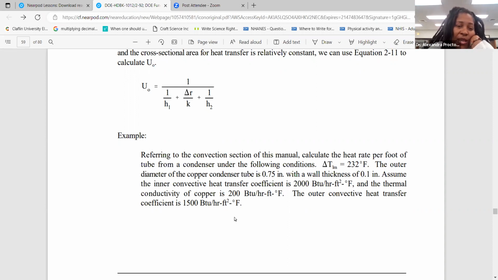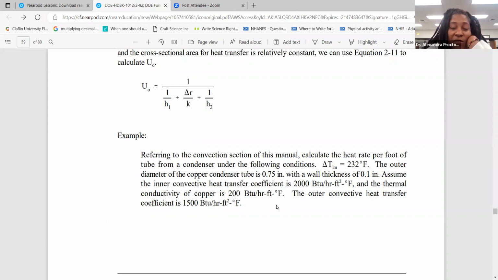So the example is referring to the convection section of this manual. Calculate the heat rate per foot of tube from a condenser under the following conditions. Delta T LM is equal to 232 degrees Fahrenheit. The outer diameter of the copper condenser is 0.75 inches with a wall thickness of 0.1 inch.